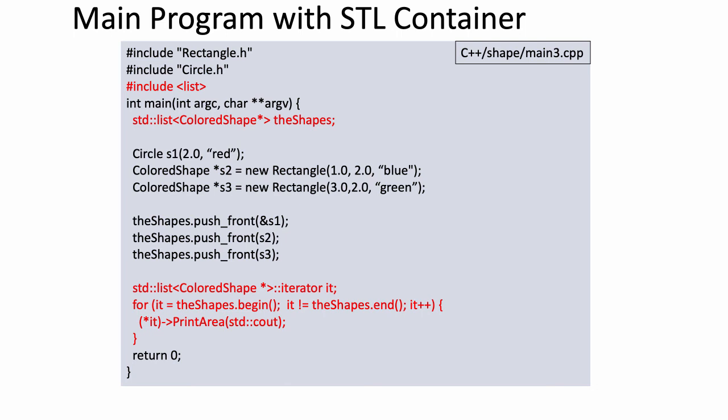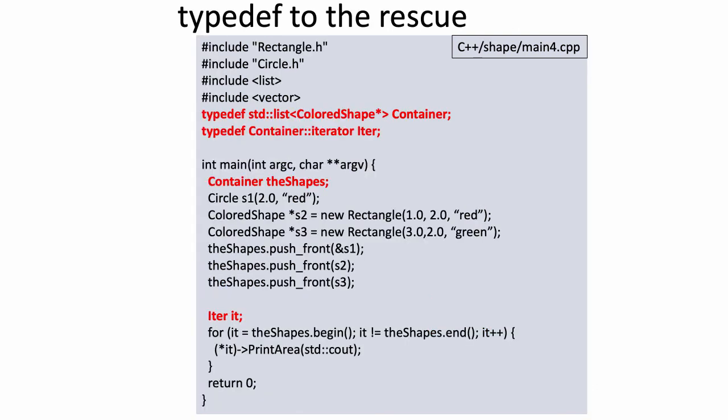Again, we have typedef to the rescue. So here it is with typedef. I do a typedef for container. I say it's equal to this. This is my alias for std::list of colored shape pointer. Then I can also do a typedef for the iterator: I create an alias, iter, which is a container::iterator. Then I can say the shapes is now just a container.